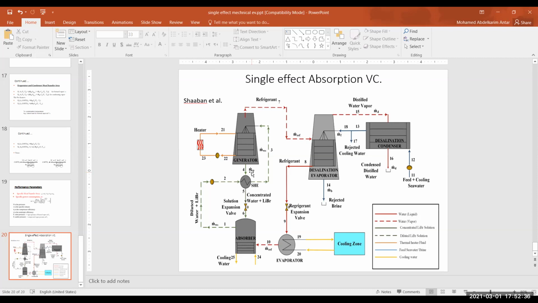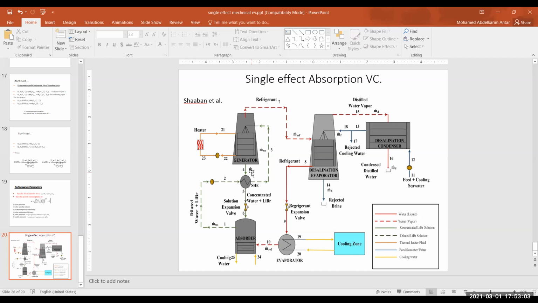Let's take this vapor and bring a fluid that's going to absorb the vapor. The fluid basically is lithium bromide. So what you are going to do, you are going to get the vapor generated in the unit here, and this vapor is going to be absorbed by the lithium bromide solution.